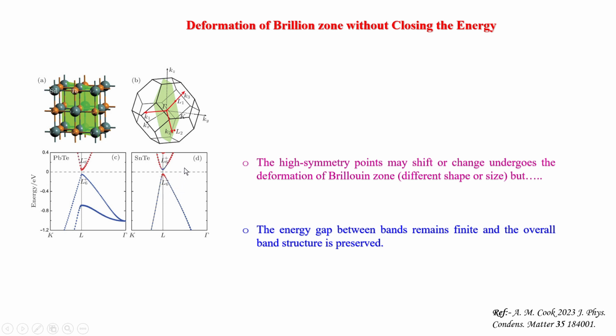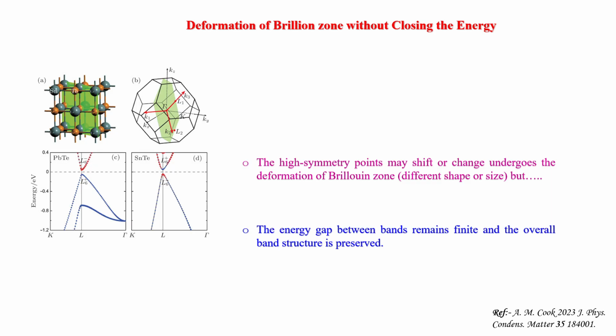The high symmetry points may shift or change, the Brillouin zone undergoes deformation with different shape or size, but the energy gaps between bands remain finite due to the overall conservation of the band structure.